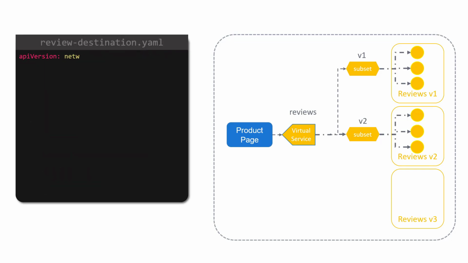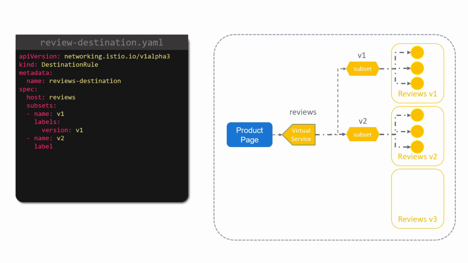So, we create a destination rule with the kind set to DestinationRule, name set to reviews-destination, and host set to reviews. We then define 2 subsets, version 1 and version 2, and provide labels under them.